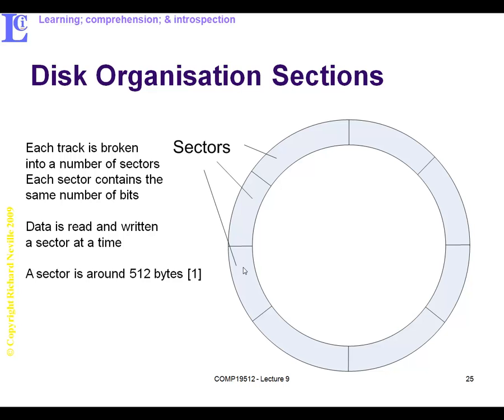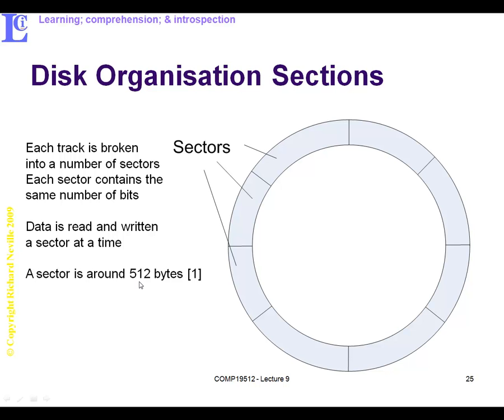So there are many tracks, each track is subdivided into sectors. Normally, in its legacy, these tracks, which are subdivided into sectors, have sectors of 512 bytes. So you can see now how the data is stored. It's broken down onto tracks, then the tracks are subdivided into sectors.